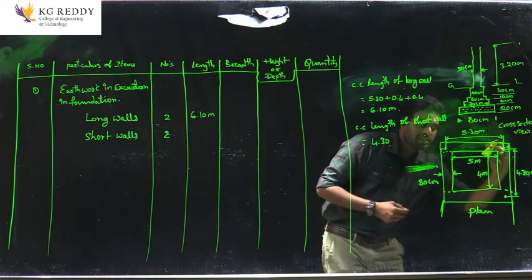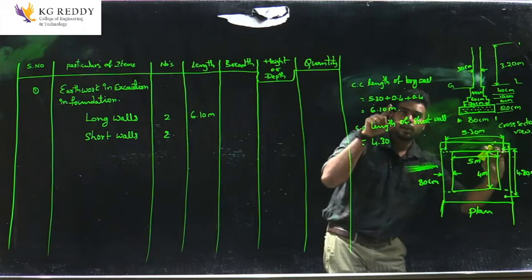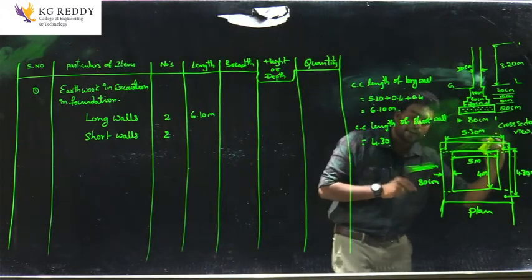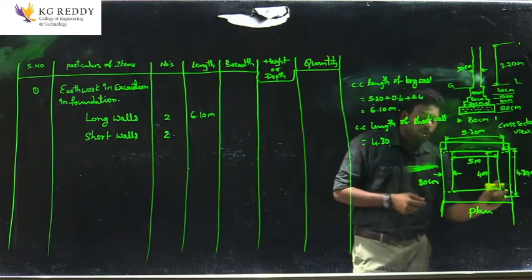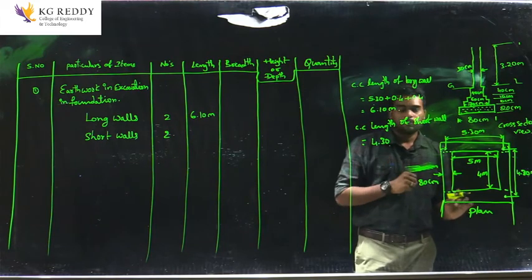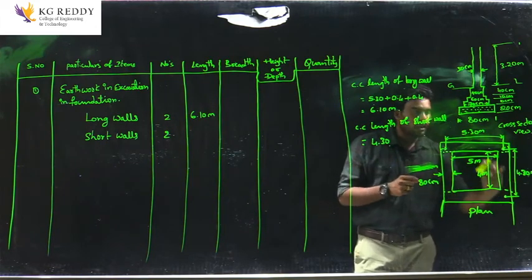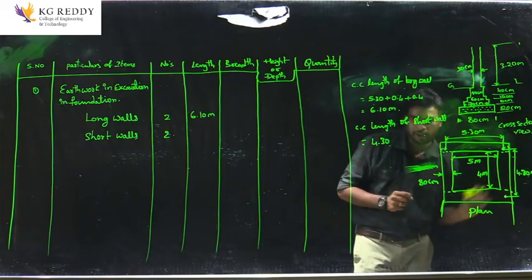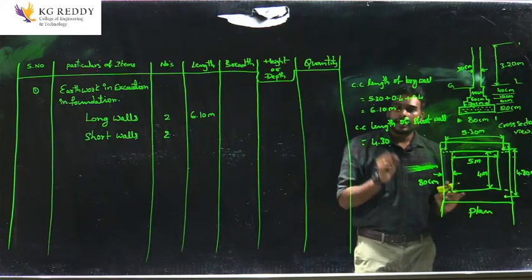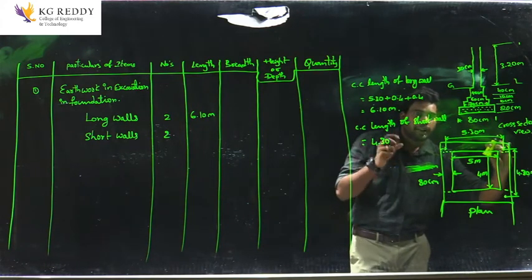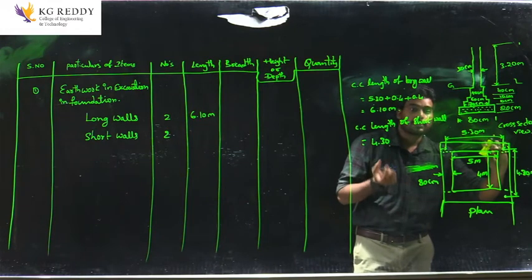Already this portion is excavated in the long wall, right? This half portion, 0.4 and 0.4, is already excavated in the long wall. So if we excavate again, it will be double excavation and we will get the wrong quantity. So in the short wall we will deduct this half portion and this half portion, and then automatically we will get the exact quantity. What is the distance here?